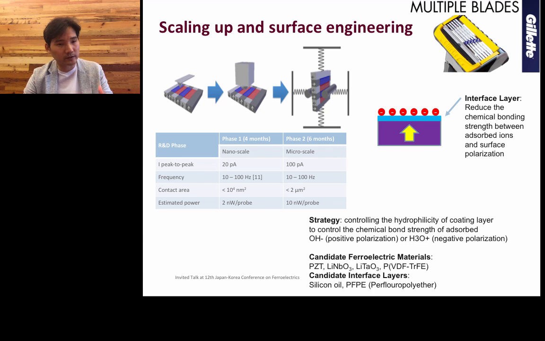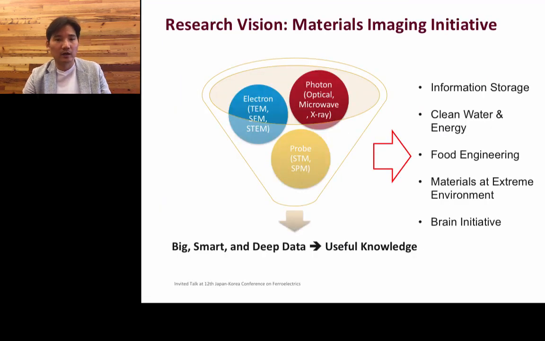So this will be the future direction of applying materials imaging through charge gradient microscopy to higher efficiency mechanical energy harvesting devices. Now this slide shows the overarching vision, which schematically depicts how we are going to push our vision forward. We will not limit ourselves to AFM.